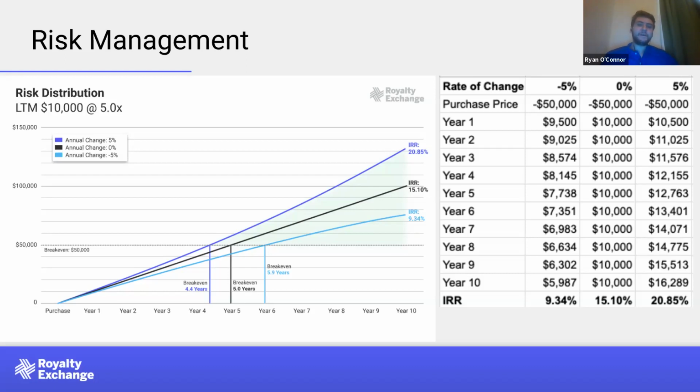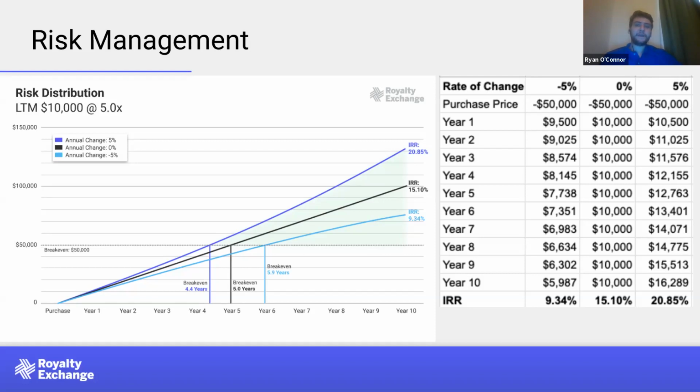But essentially, the reason I show this is a lot of investors think in multiples, and as we can see with this chart, even paying 5 times on a 10-year auction, even with an annual decline of 5% every single year, you're still getting a positive return of 9%, just above 9%.